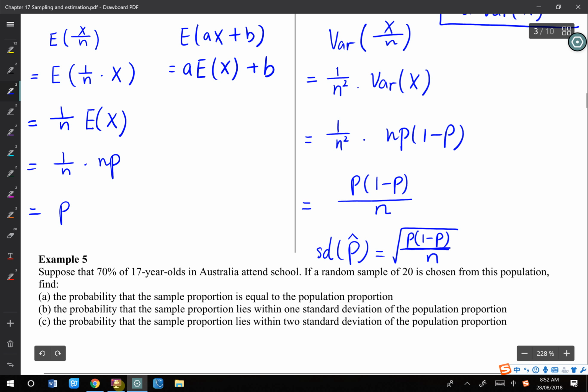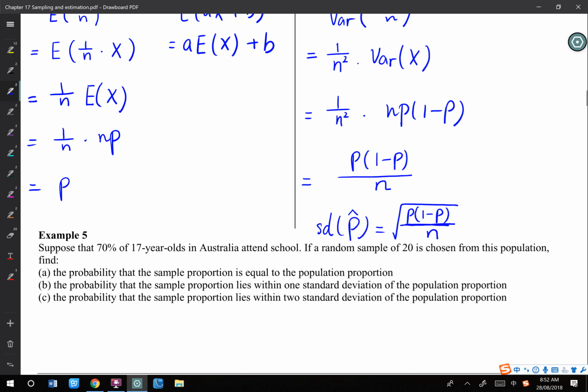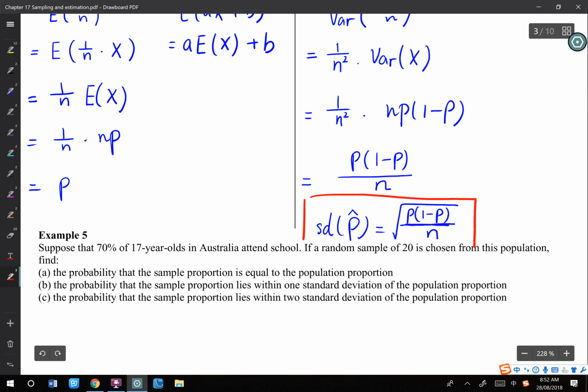This is something you need to remember. Two important formulas: SD p hat equals the square root of p times (1 minus p) over n, and expected p hat equals lowercase p. Two important things you need to remember.